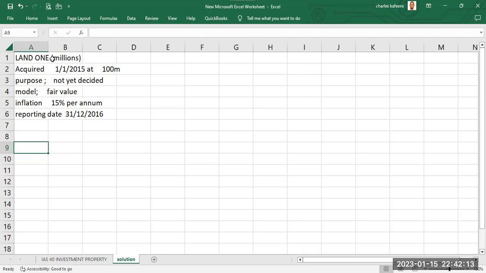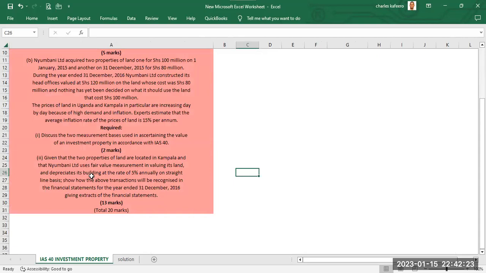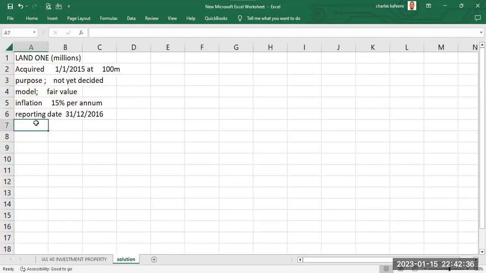But take note, if it was a depreciable asset, you first compute the depreciation, because they had given us in the question there is a depreciation. They have given us that actually it is only the building that is depreciated for 5%. Actually, I will explain more when we reach the building. But if it wasn't land, you first depreciate, you get the carrying amount as at 31st December 2016.